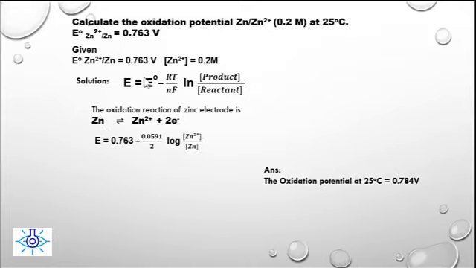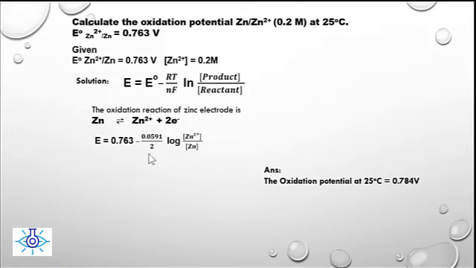Substituting the value of E0, given as 0.763, E = 0.763 minus, with the already calculated value of RT/F as 0.0591, and n being the number of electrons involved in the reaction, that is 2.